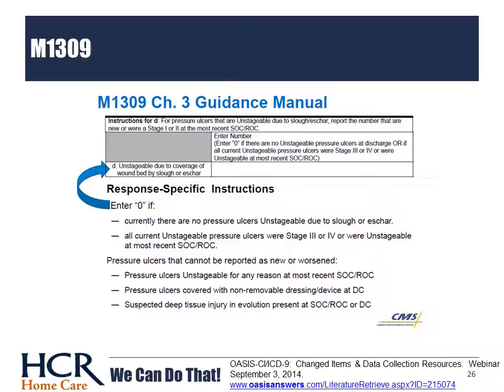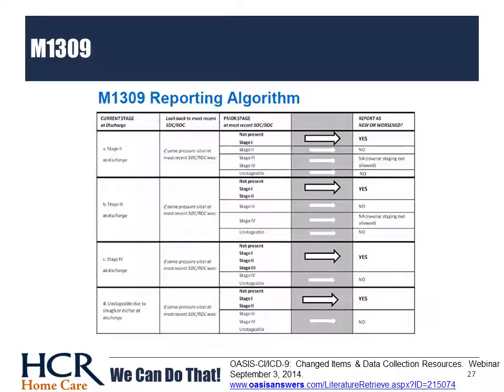Those items are only going to be captured in the previous question of 1308, which is where we will document what we currently have for pressure ulcers. We cannot definitively say that a pressure ulcer covered in a non-removable dressing or device, or a suspected deep tissue injury in evolution, has worsened, so those will not be reported on this item.